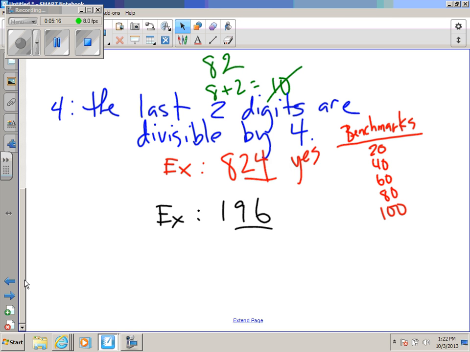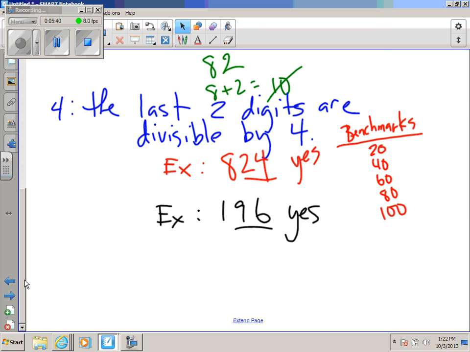It's really easy to look at the 96 and just say no, that it's not divisible by 4. However, use your benchmarks. The 96 is closest to which of these benchmarks? 100. Now, because it's larger than the 96, can you count 4 back? And where does it put you? 96. Therefore, this also would be divisible by 4.